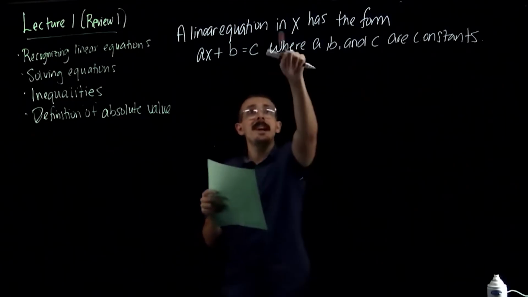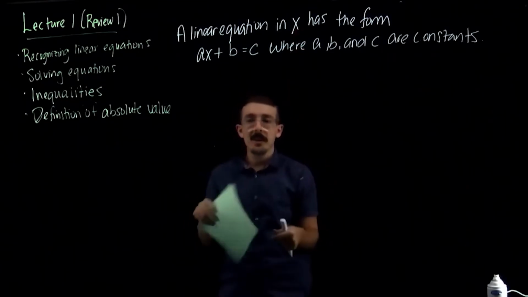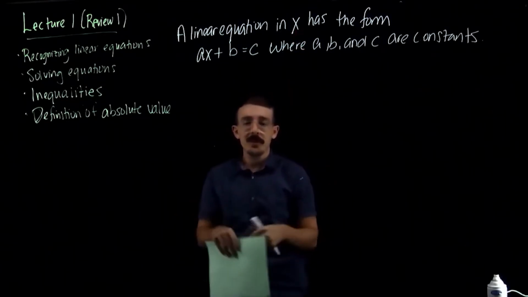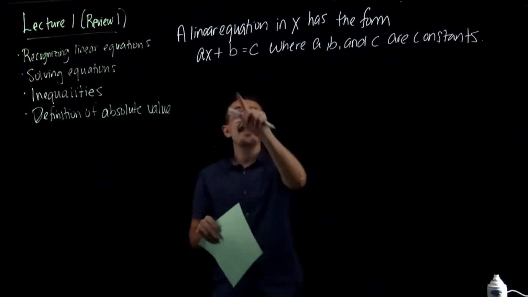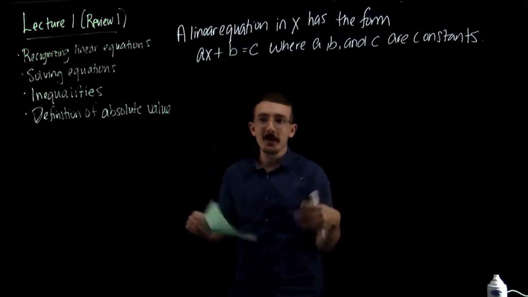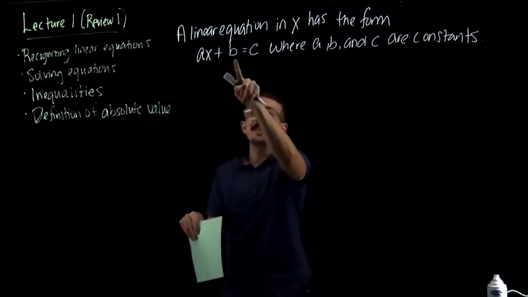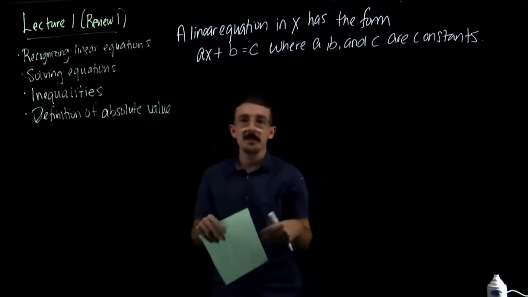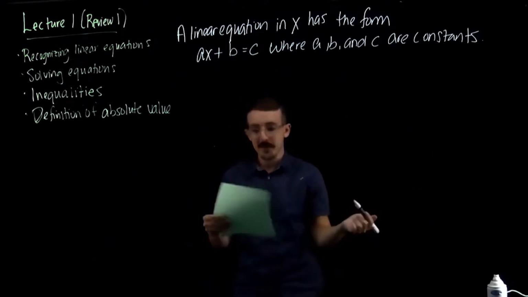In X means X is our variable. Generally, it's what you want to solve for, the quantity that's unknown. By constants, I just mean regular old numbers, like A could be 4 and B could be 1. So constants are non-variable terms.